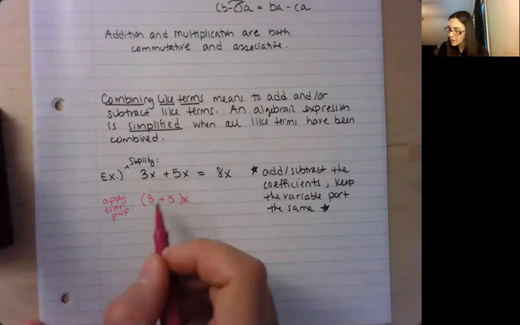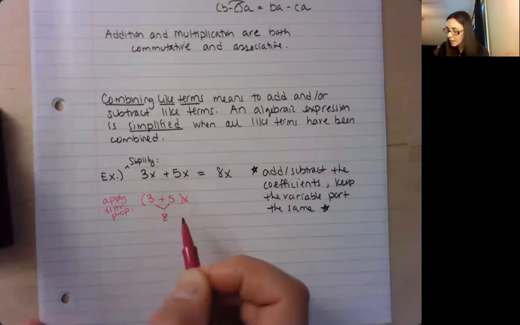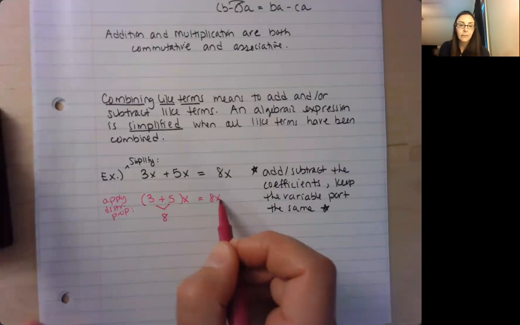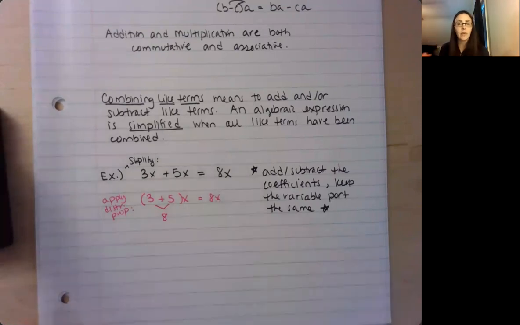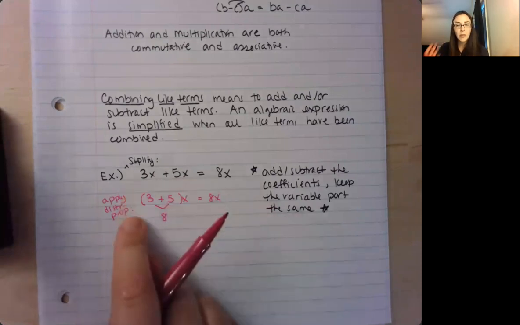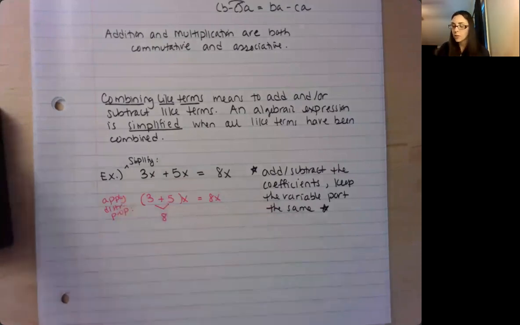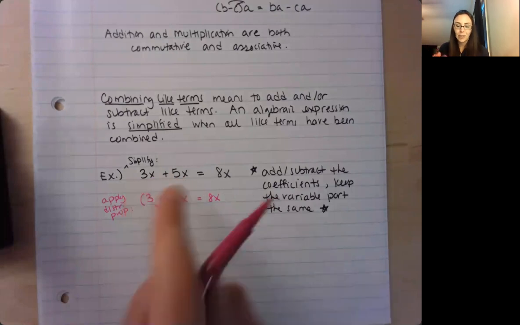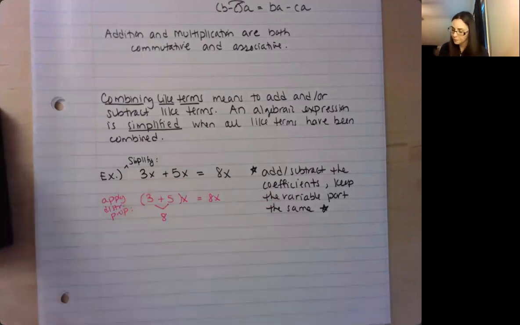And now I can clearly see that there's the 8, and my answer is just 8x. So we're actually applying the reverse distributive property here to get the reasoning why we can combine like terms. I just want to point that out, but realistically, I don't expect you to do that every single time. You should be able to look at an example, see what like terms are, and just combine them together.